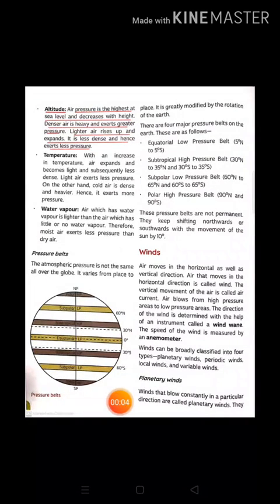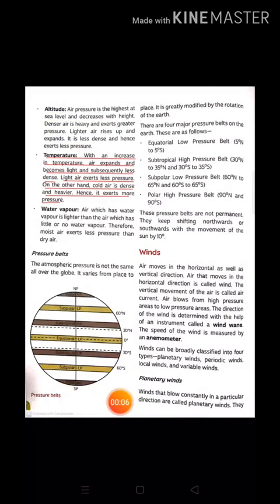At the sea level, the air pressure is high, and as the height increases, the pressure decreases. At the sea level, the air is heavy, dense, and has high pressure, whereas if an area has light air, it rises up and thus it forms low pressure. Temperature. If an area is hot and has an increase in temperature, then the air will rise and become light. Thus, it will have low pressure.